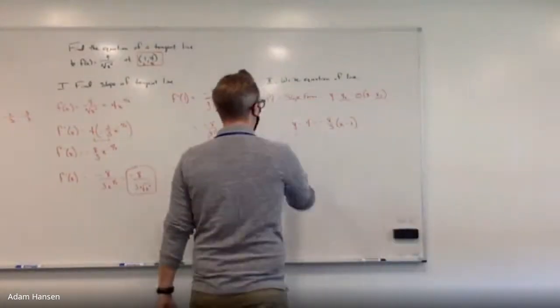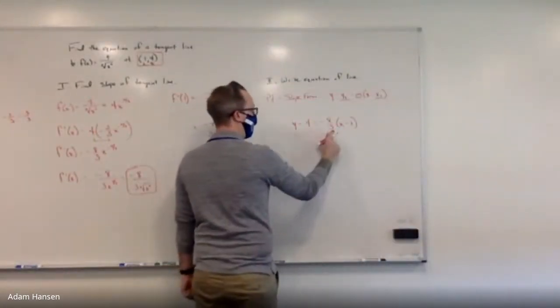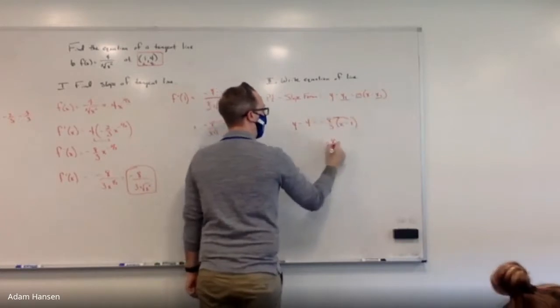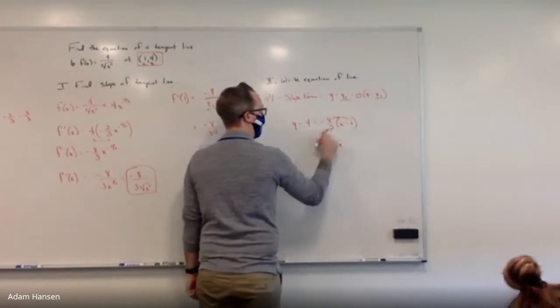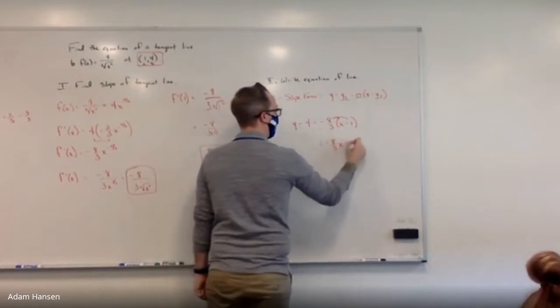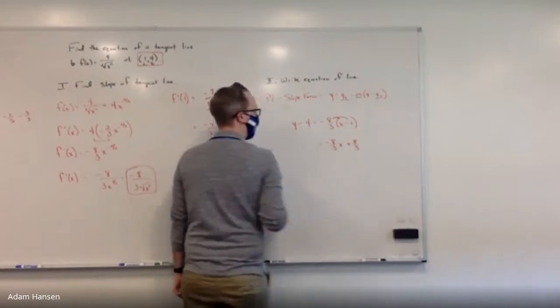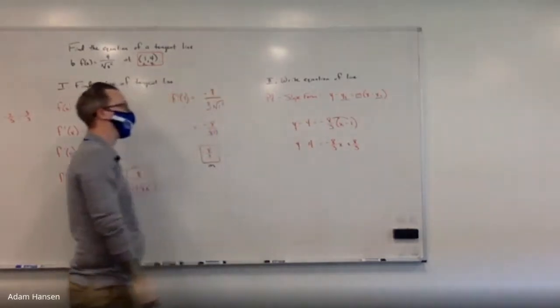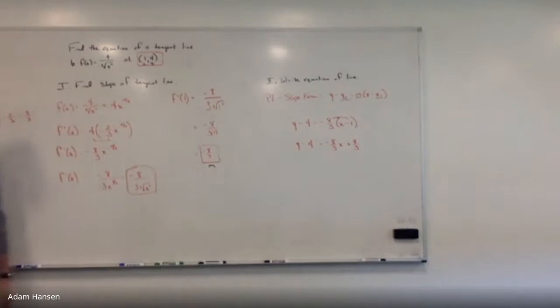So let's solve for y, essentially. I'm going to take negative 8/3 and distribute. So negative 8/3 times x. Negative 8/3 times negative 1 is positive 8/3. Bring down the y minus 4 on the left. Y minus 4 equals negative 8/3 x plus 8/3.